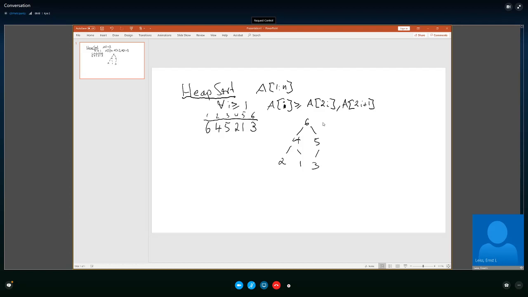representation of this array. In some way you can always take an array and convert it into a tree using the idea that for every node i, the two children are nodes 2i and 2i plus 1.